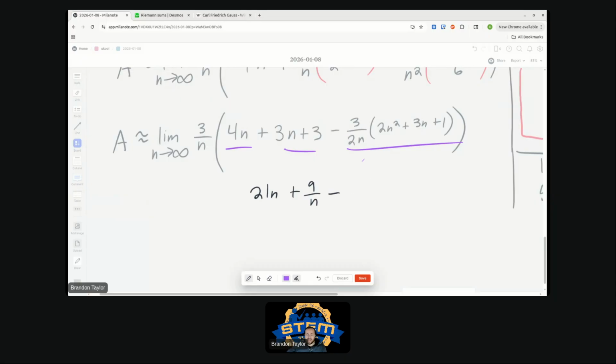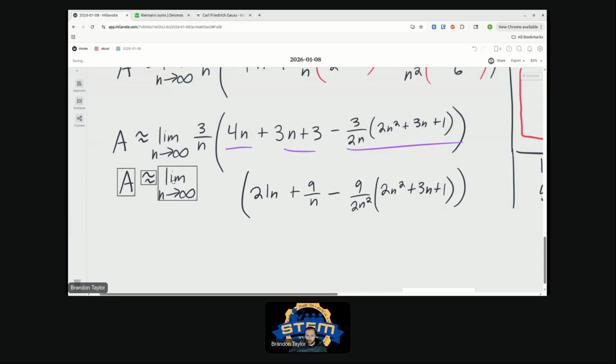Actually, let me just multiply this in first. If I multiply the 3n times that negative 3 over 2n, it's negative 9 over 2n squared. Then we have 2n squared plus 3n plus 1. I'll just leave it like that, and then the limit of that whole thing as n goes to infinity.